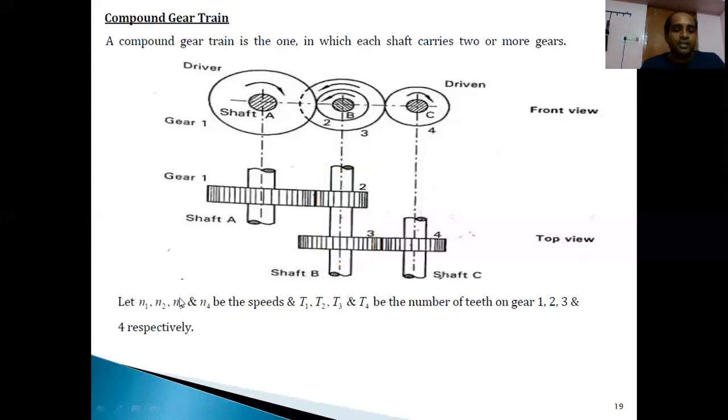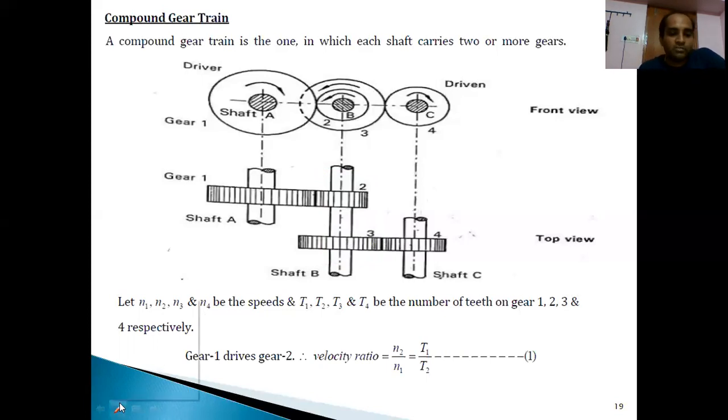Now N1, N2, N3, N4 be the speeds, with T1, T2, T3, T4 the number of teeth on gears 1, 2, 3, and 4 respectively. One by one we shall go. First we shall take this combination for finding the velocity ratio with respect to the number of teeth.